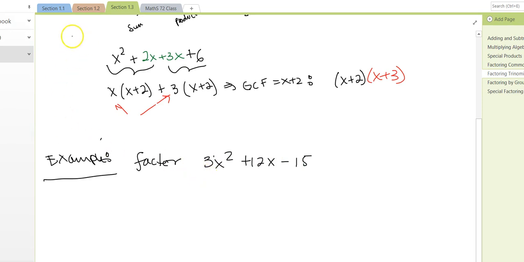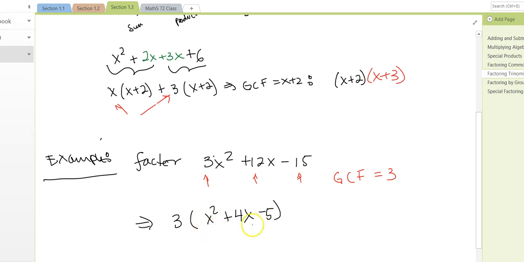So notice that here I have 3, 12, and negative 15, and so they all have a common factor of 3, and that is the largest one. So the greatest common factor is 3, which means we can take 3 out. So this will be 3, and we're left with x squared plus 4x minus 5.